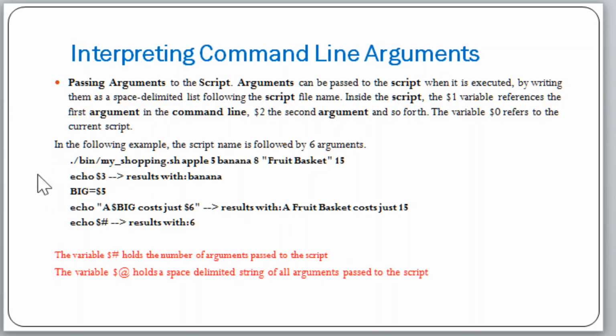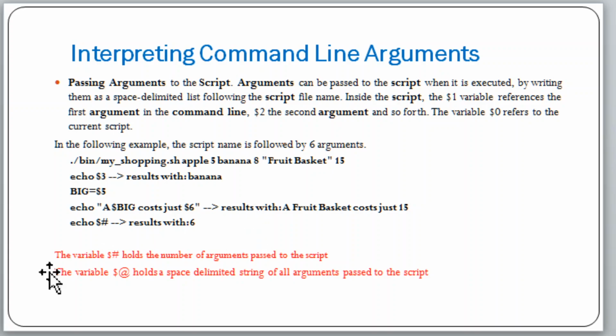If we do the variable big equals $5, and we echo a $big costs just $6, that will result with, and we count 5 here, 1, 2, 3, 4, 5, a fruit basket, which is variable 5 here, costs just 15, okay? Because variable 6 here, 15, is the last and sixth variable.